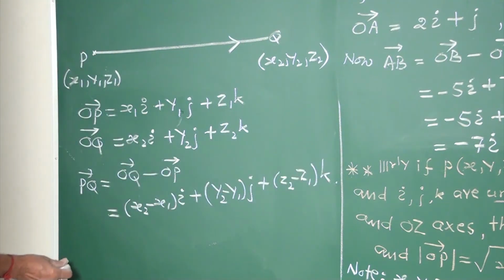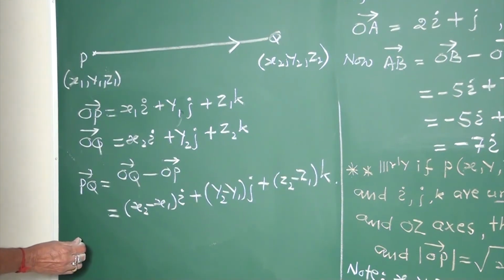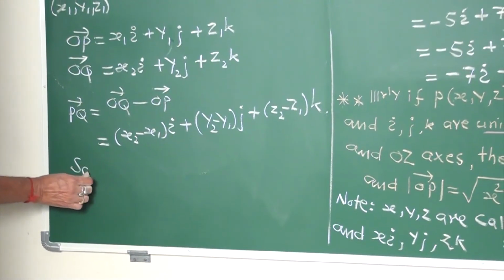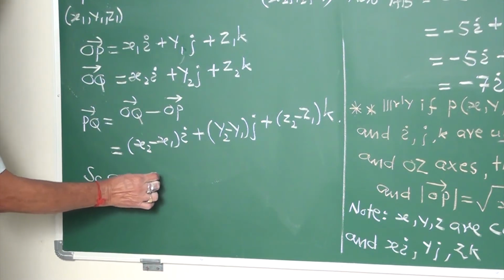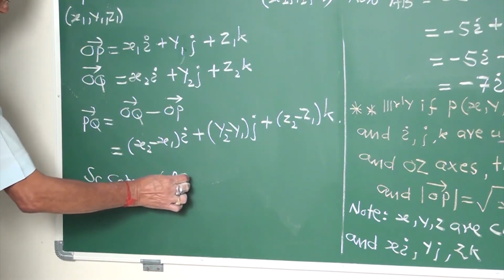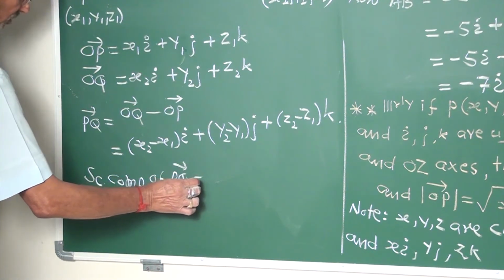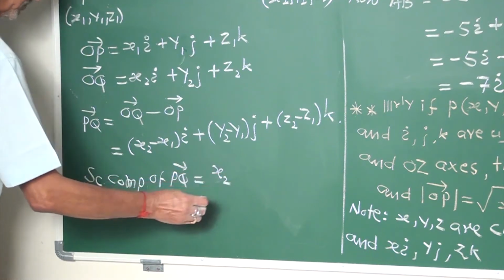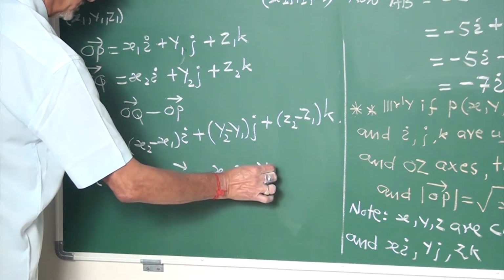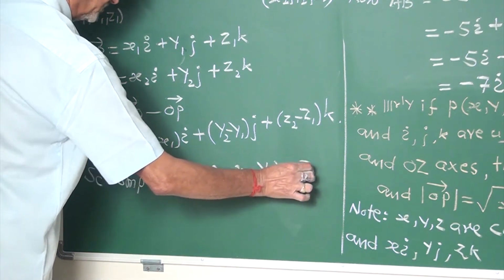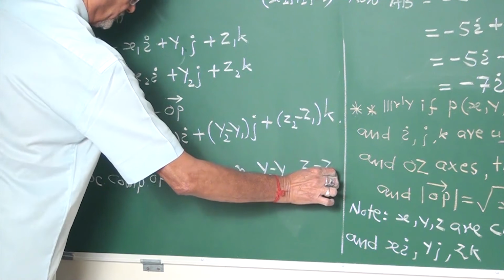Then what are the scalar components of PQ? First is x2 minus x1, second is y2 minus y1, and this is the third, my friend.